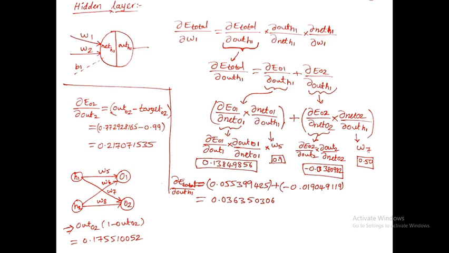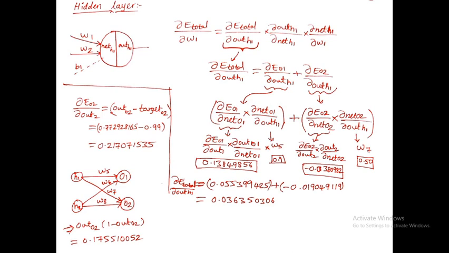So again, ∂E_O1/∂out_H1 can be split into 2 terms. That is, ∂E_O1/∂out_H1 can be rewritten as ∂E_O1/∂net_O1, the error with respect to net_O1, that is nothing but the net input at the output neuron O1, into ∂net_O1/∂out_H1.